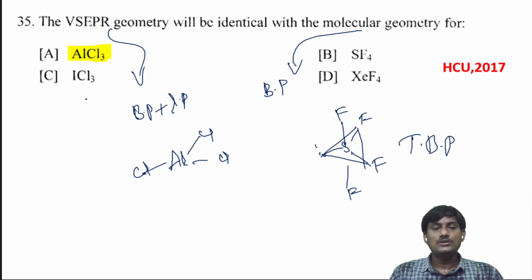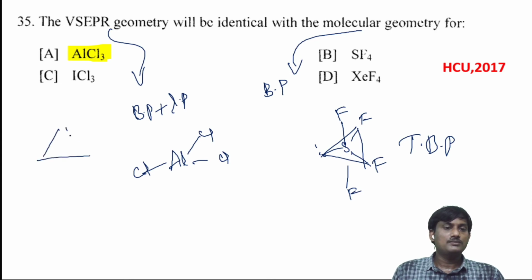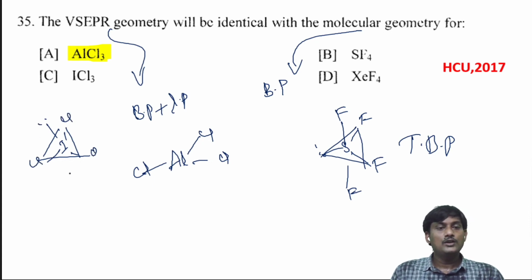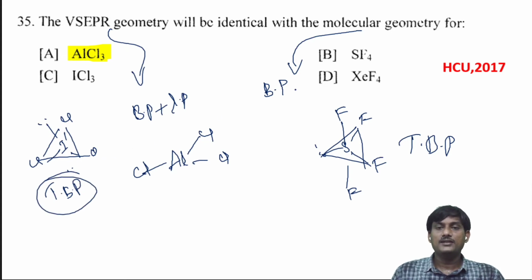And ClF3 also. If you take ClF3, this is the geometry. Here, Cl, and here you have a lone pair of electrons. The VSEPR geometry is trigonal bipyramidal, but the molecular geometry is T-shaped.